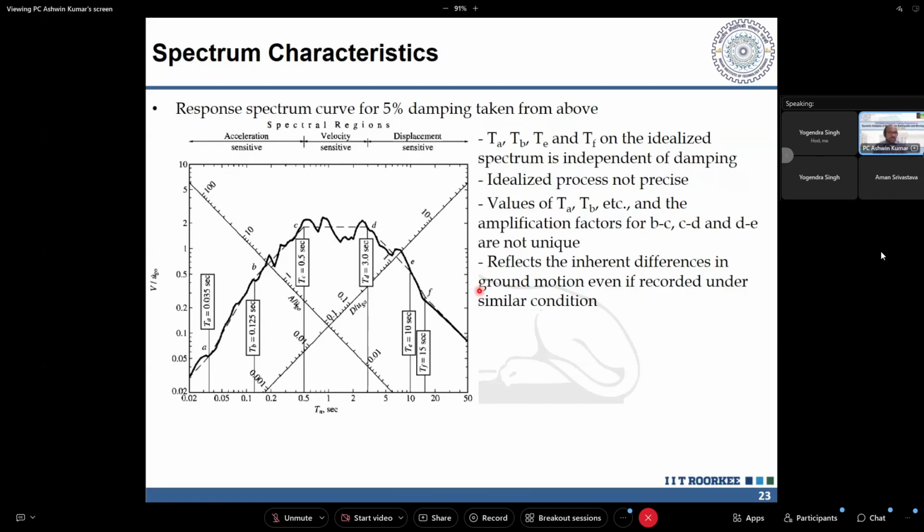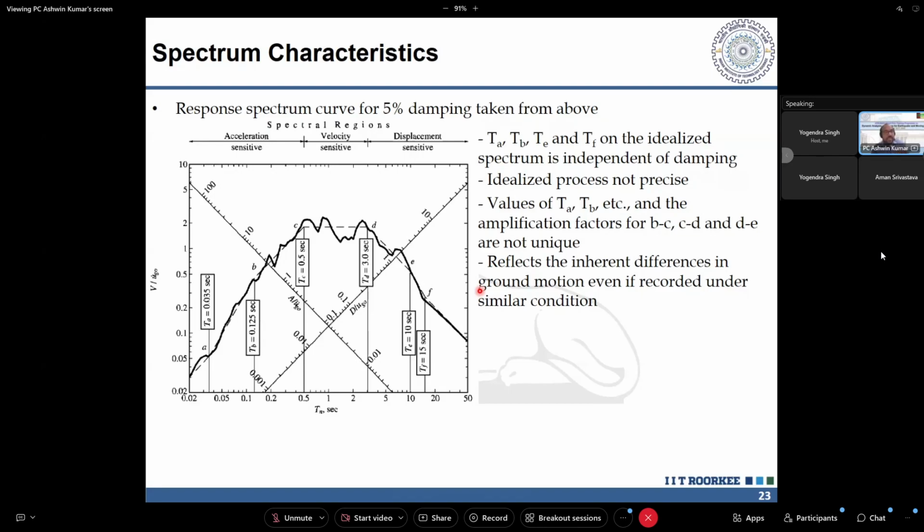Can I use the same response spectra in a place like Roorkee? No. Is the ground motion that El Centro represents caused by the same tectonic action? I need to explore. So for a particular structure, whether it's a bridge or a building, I need to consider multiple ground motions. And I also need to consider what those ground motions represent, what type of tectonic activity has caused that particular ground motion.